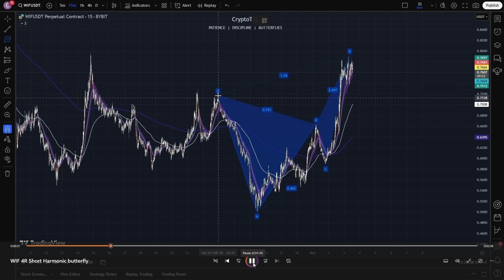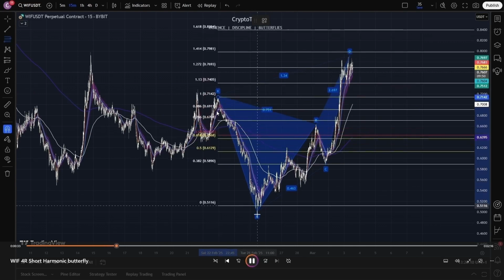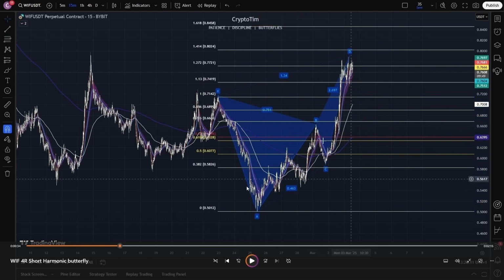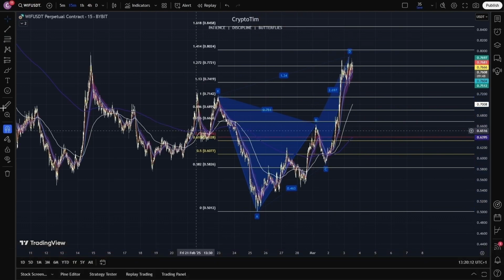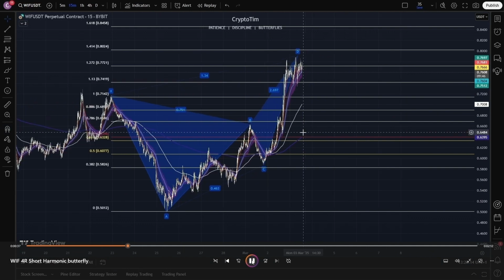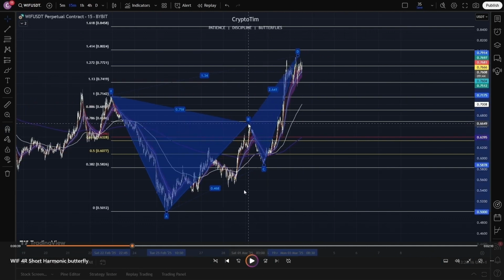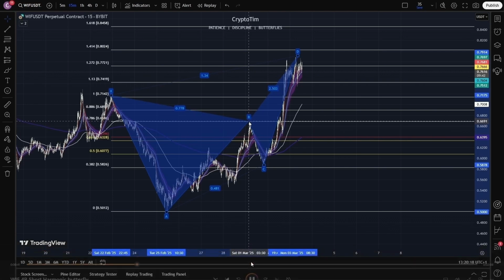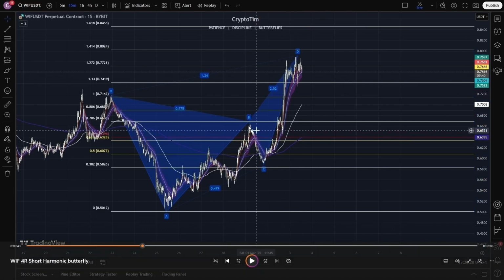So again, Fib from X to A here, so our impulsive move. The defining factor for a butterfly pattern is that the B point is retracing into the 0.786. We could see we almost hit it. We don't hit it exactly, but honestly, this is just some margin you have to take.